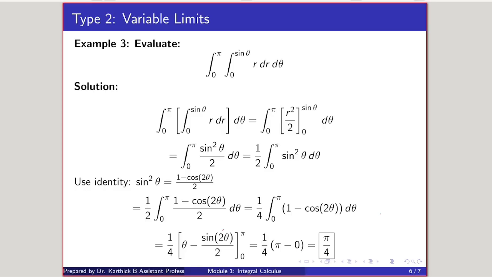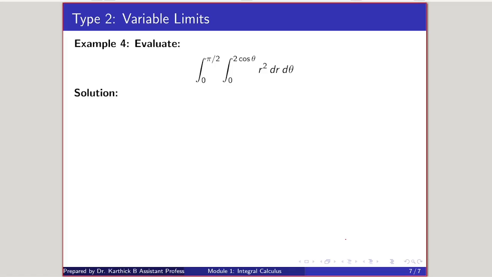If I substitute the limits over here, sine 2 pi divided by 2 minus sine 0 by 2, I will get 0 minus 0, simply 0. So finally, I am getting the answer as pi by 4.